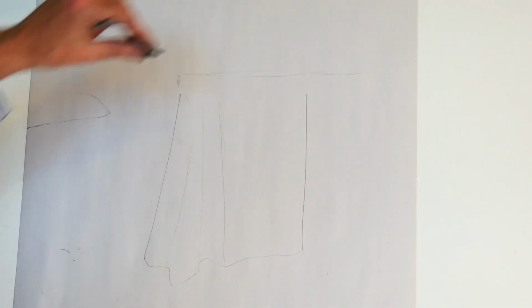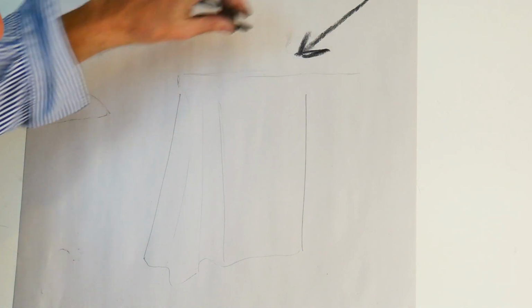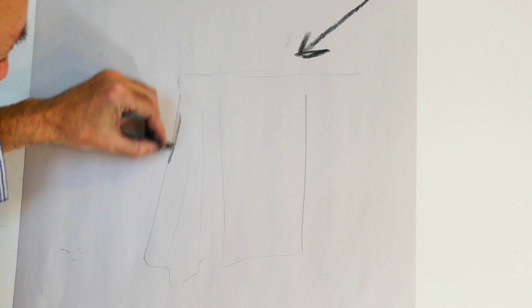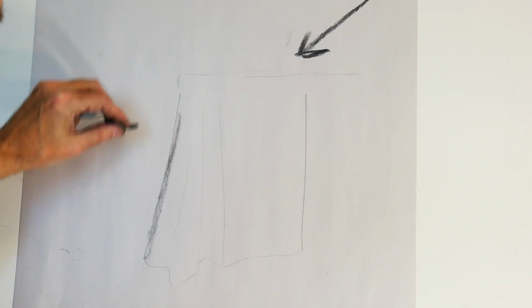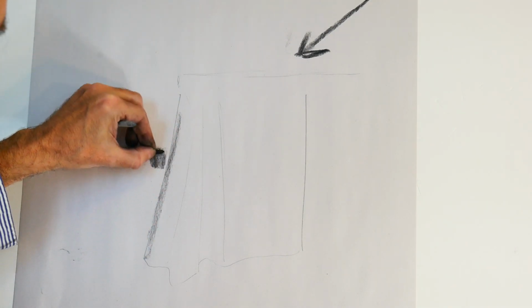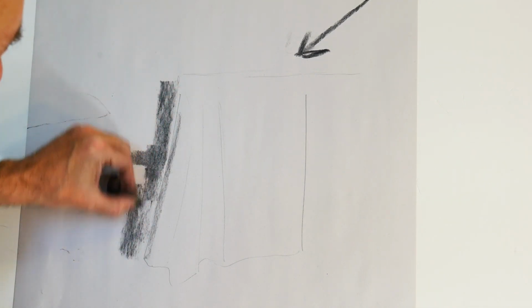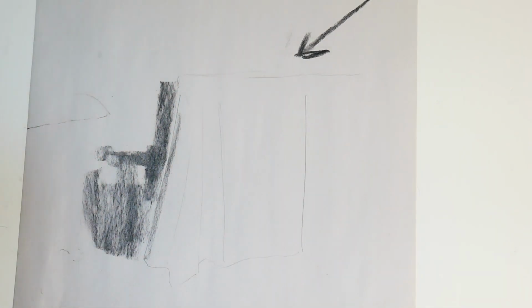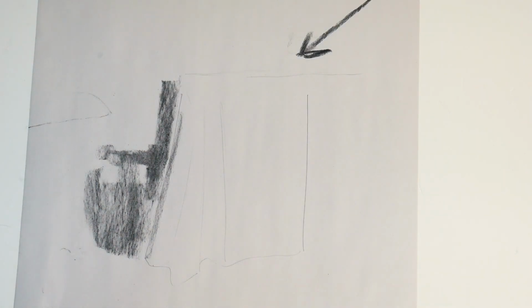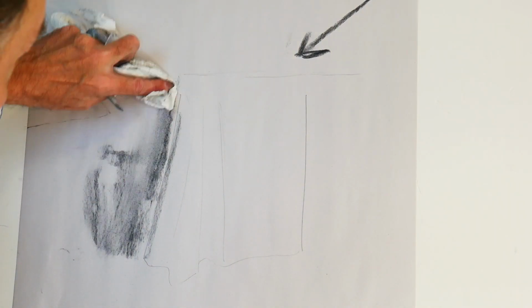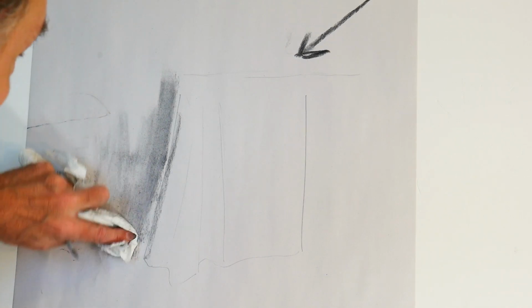So once again, the light is coming in this direction. So this edge here is going to be just a little bit darker. You could put in, let's say, a really dark background, right? So we've got a white towel on a fairly dark background. There's one easy way of toning the paper here.